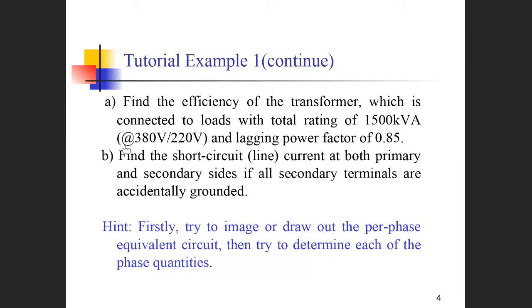This is the load rating. Do not confuse it with the rating of the transformer. This is the loading information. B, find out the short circuit currents in both primary and secondary if all the secondary terminals are accidentally grounded. So part B is the short circuit case.